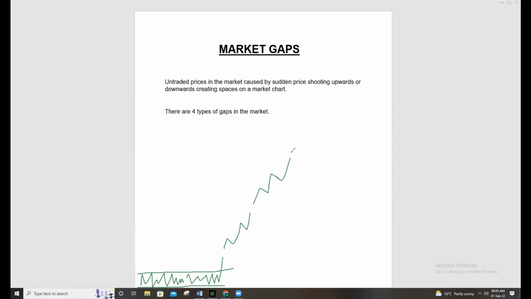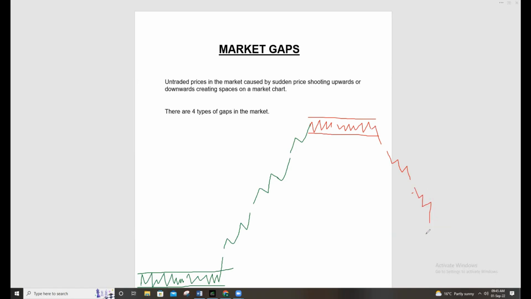We call this the distribution phase. After the distribution phase, the market is going to break from it and start the bear run, or what we call the bearish cycle. And then from there again it creates a new accumulation phase.